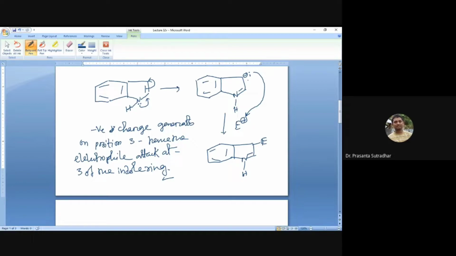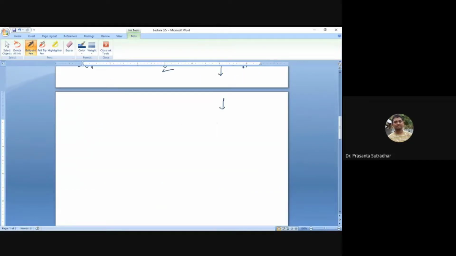Now this hydrogen bonded electron will come over here and the nitrogen will get neutralized. So we will get this structure. That's why the electrophile attacks.